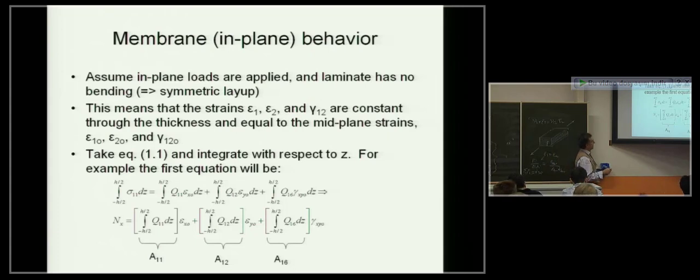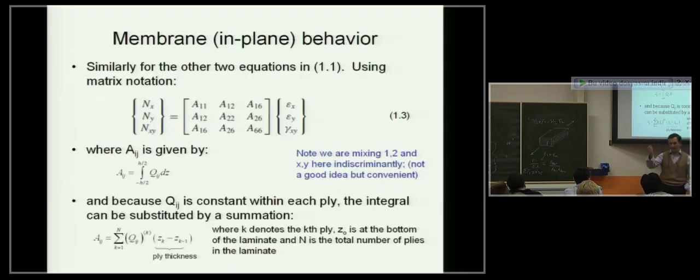As soon as I do that, I end up with these interesting quantities, integrals of the stiffnesses through the thickness, integral of stiffness Q11, Q12, or Q16. These are now called by everybody A11, A12, and A16. This means that if I take my stress-strain relationships and integrate through the thickness, I arrive at my basic plate relationships, which relate the forces per unit width to the strains through this A matrix.